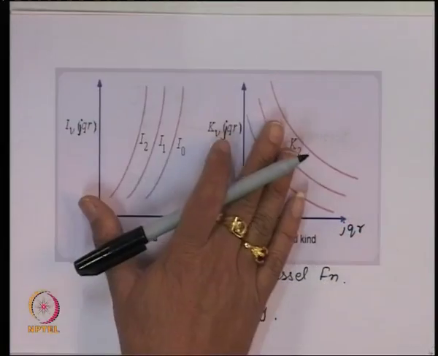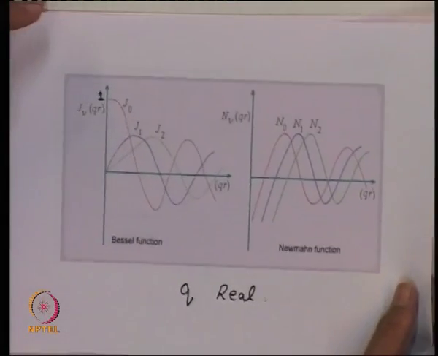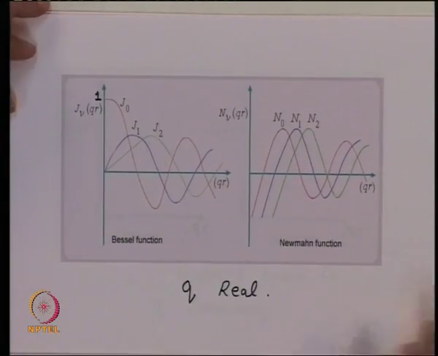That gives us now a clue to choose the appropriate solutions. So what we are saying now is that if we are inside the core, since we are looking for the variation which is oscillatory in nature, this cannot be a solution. This does not give you a variation which is oscillatory in nature. So the only possibility is that inside the core, you have to have a solution which is this.